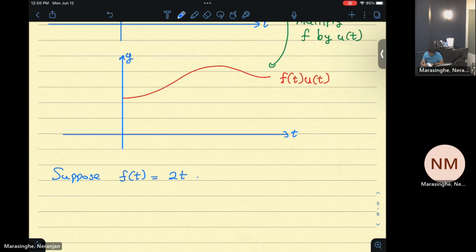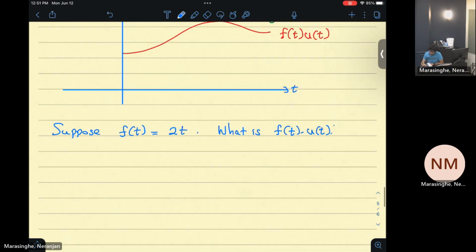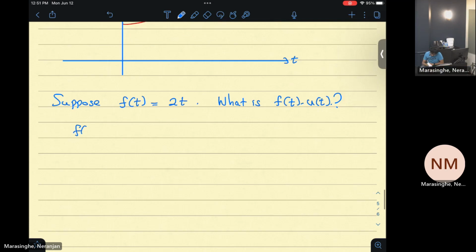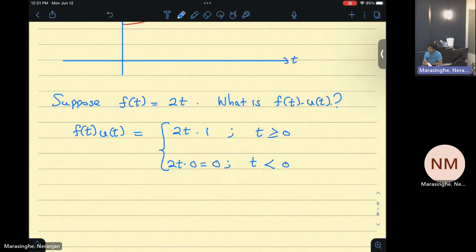So what is f(t) times u(t)? f(t) times u(t) is equal to 2t times 1 if t is positive, because u(t) is 1 if t is positive, and 2t times 0, which is equal to 0, if t is negative. Okay.